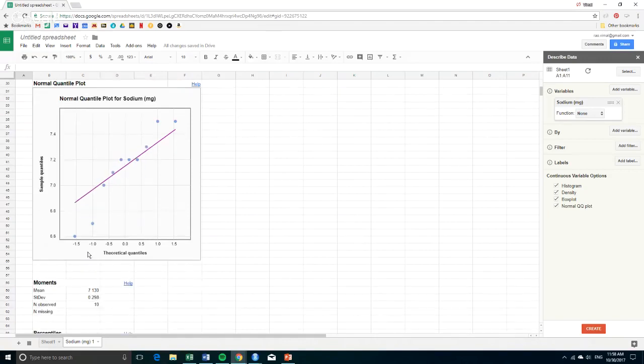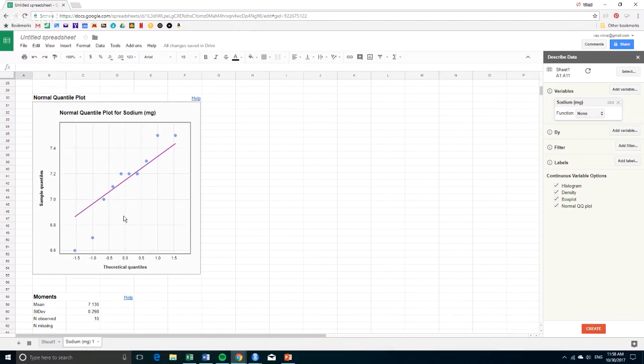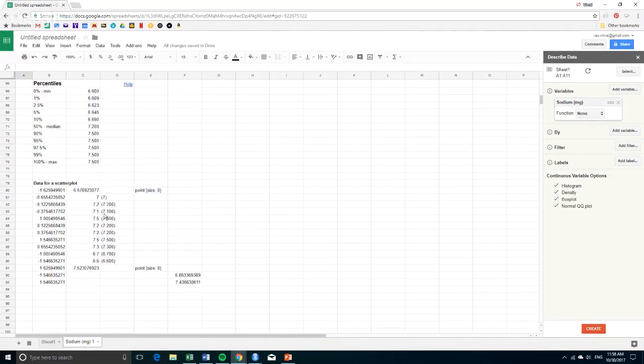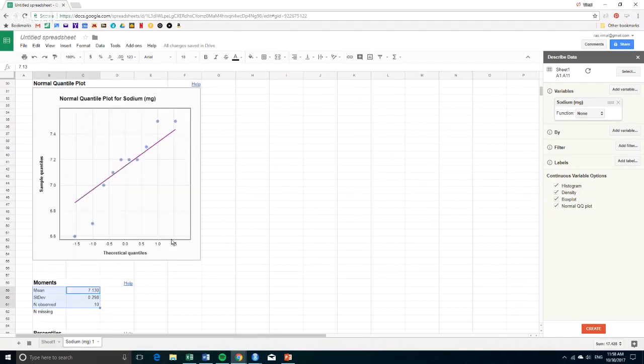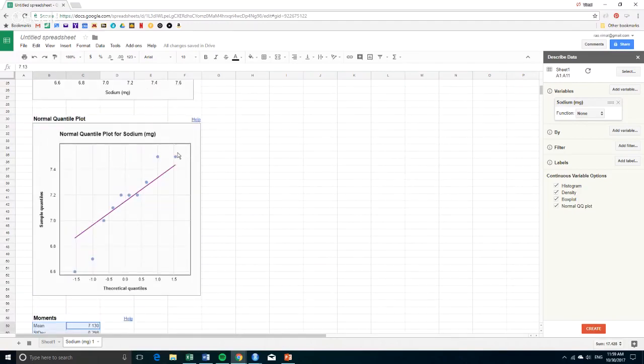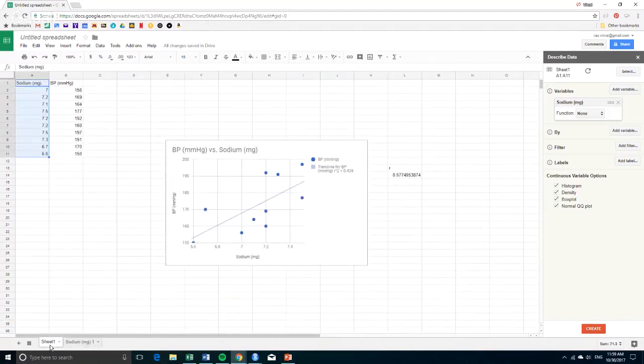But I'm going to run with not rejecting the null hypothesis that this data is normal. I don't think that this is strong enough evidence to suggest that this data is not normal based on my interpretation of this QQ plot. And then you can see some of the other pieces of information from this, the descriptions, but the QQ plot was important. Okay, so we think sodium probably follows a normal distribution.